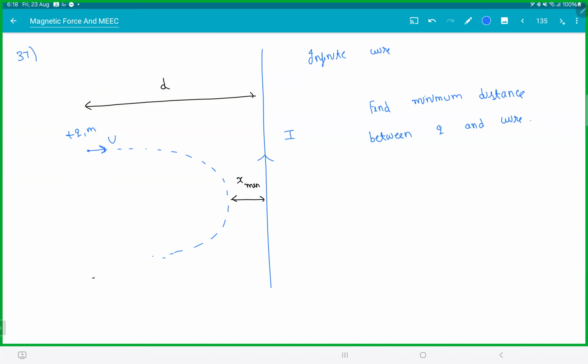So we are combining here the magnetic force on particles, which we did, with the magnetic field due to a wire.